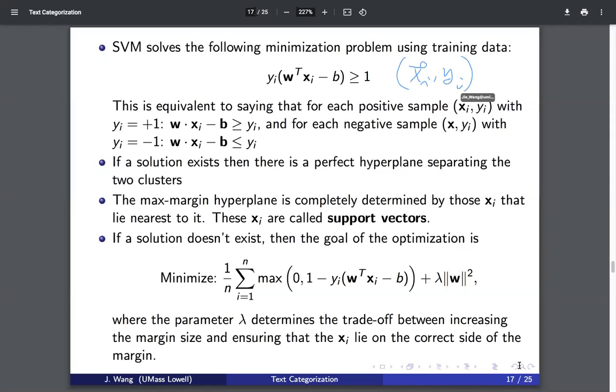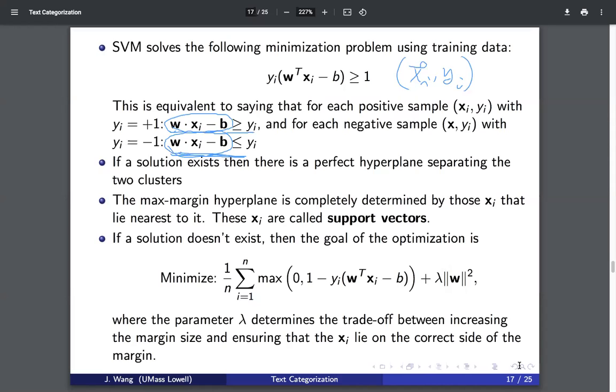We know that if yi is positive 1, I want this to be greater than or equal to 1, and if yi is negative, I want this to be less than or equal to negative 1, right? So we want to minimize this distance, as small as possible.